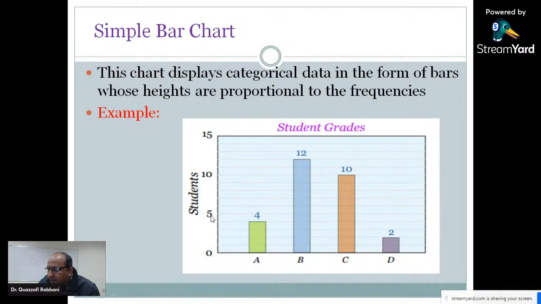There are 4 students who got grade A, 12 students who got grade B, 10 students who got grade C, and 2 students got grade D. So here A, B, C, D is the qualitative variable. So always use a bar chart for qualitative or categorical data. If you have categorical data, then you should use a bar chart.